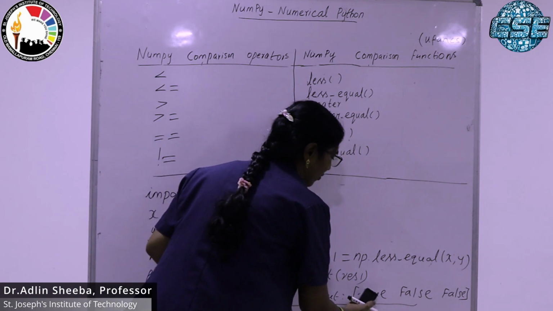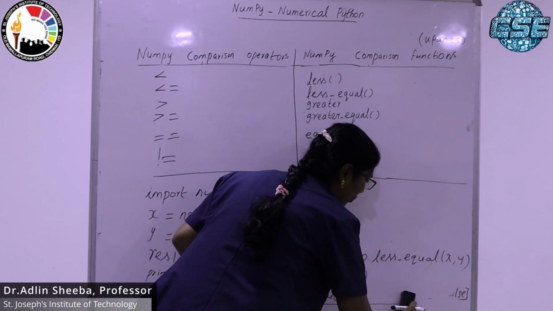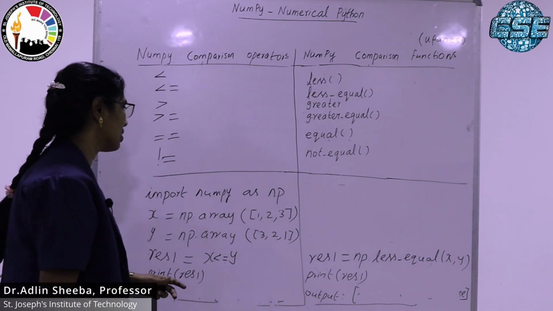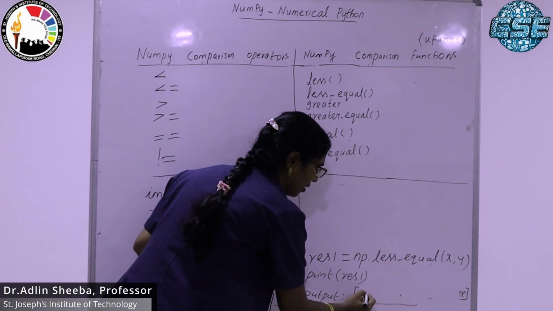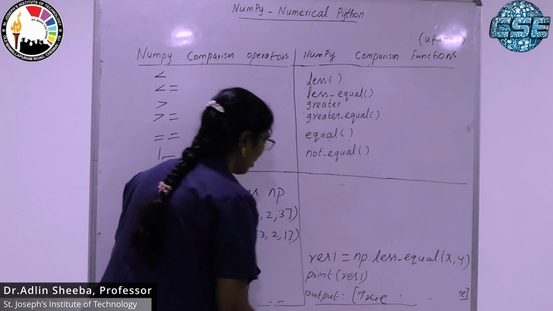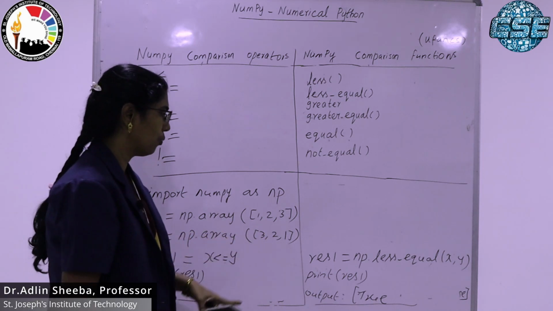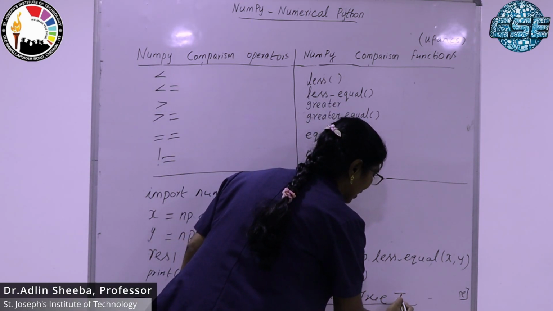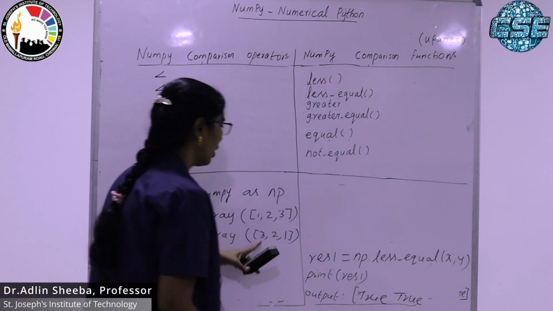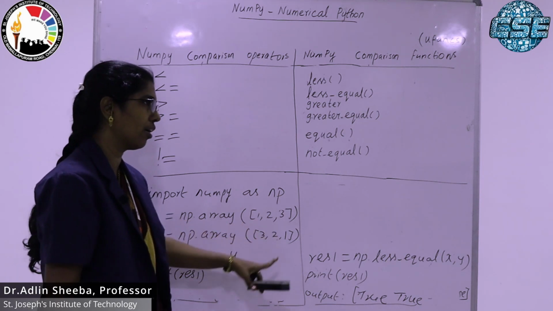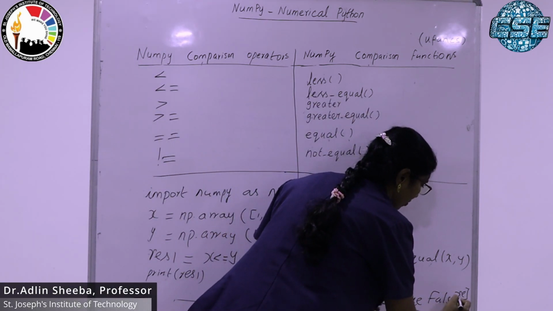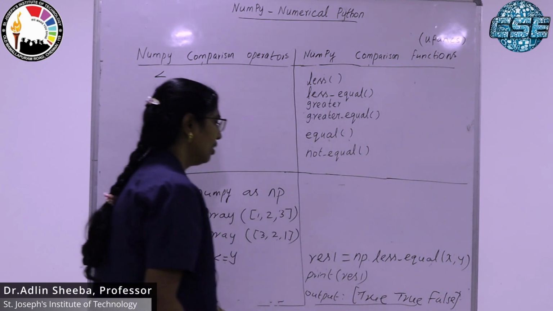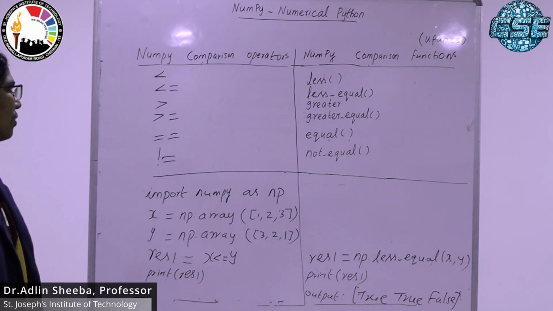So now the output differs. Again we are performing element by element comparison. So 1 less than or equal to 3, yes, it's true. And 2 is equal to 2. So now the second one is also true. Now 3 is less than or equal to 1. No, it is false. So this is the output we have.